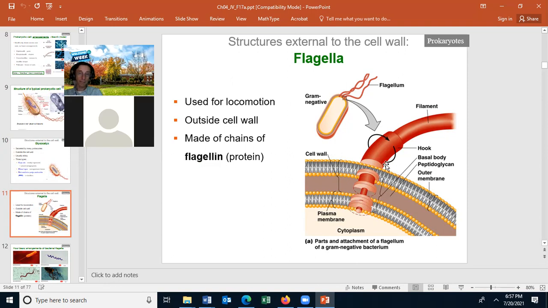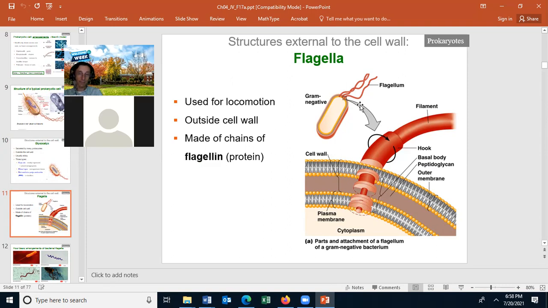The flagella is a whip-like structure that can move, and if the bacteria can swim or move in a liquid media, that means the bacteria has a flagella. And why can I say that?